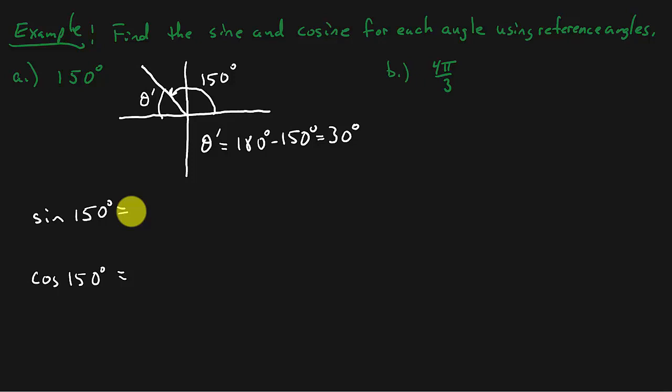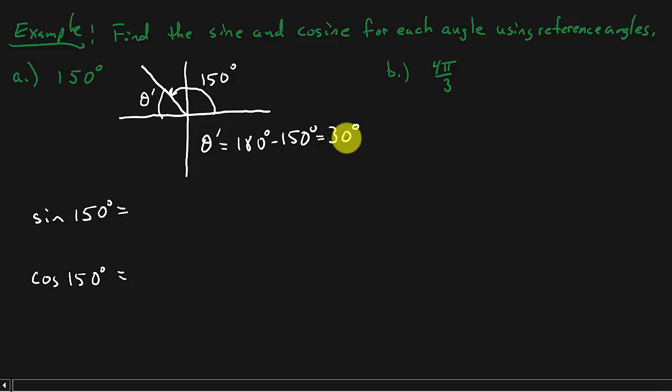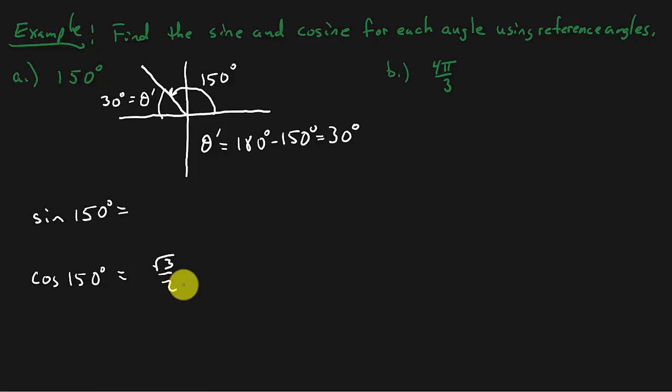So the cosine of 150, well, the reference angle is 30 degrees, right? So what's the cosine of 30 degrees? That's the square root of 3 over 2. If you're watching this video and saying, how did you get that? You've got to memorize these: sine, cosine, and tangent of 30, 45, and 60.